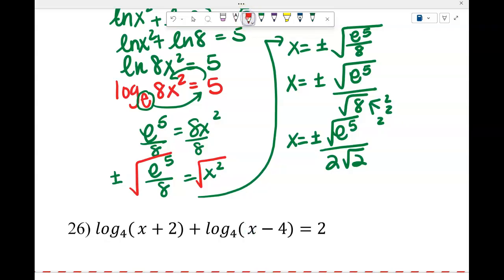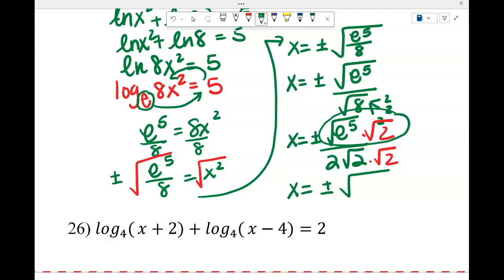And we can't really have a radical on the bottom, so now we have to rationalize this. So this is going to be x equals plus or minus, on the numerator, it's all going to go under the rad, 2 times e to the 5th. Remember, e is a value, 2.718, and it's to the 5th, so it's going to be some really ugly number. All over rad 2 times rad 2 is 2, and 2 times 2 is now 4.